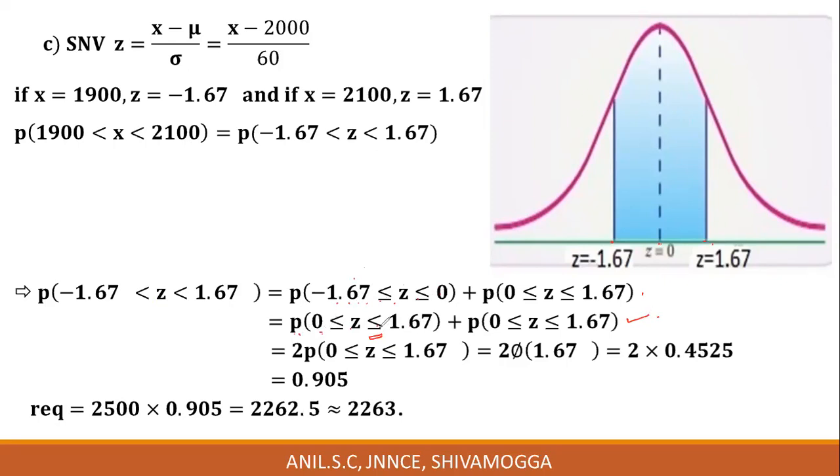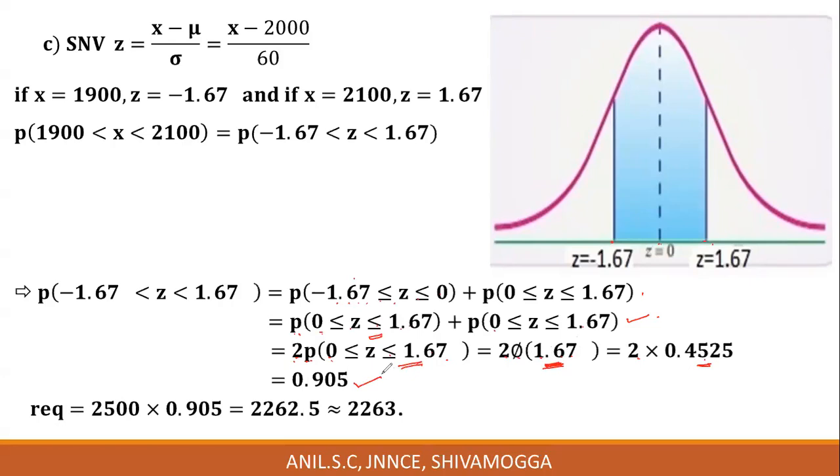Now P from 0 to 1.67 plus P from 0 to 1.67 is twice P from 0 to 1.67. Therefore, this is equal to 2 into P from 0 to 1.67, which is phi of 1.67. By using the table, you can obtain this value. Phi of 1.67 is 0.4525. And clearly this product is 0.905.